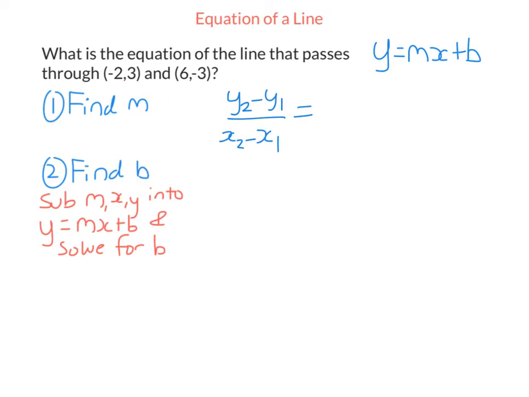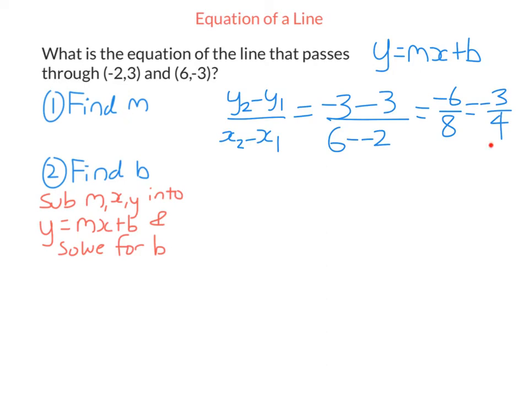So here we have y2, which means y coordinate of the second point, minus y coordinate of the first point, all divided by x coordinate of the second point, minus x coordinate of the first point. So putting that on our calculator, we get -6/8, which is exactly what we got on the previous slide. So that's the first step done. I found the gradient of the line that goes through those 2 points.